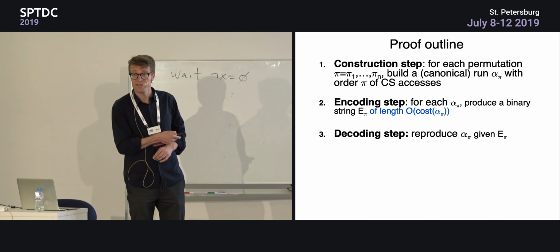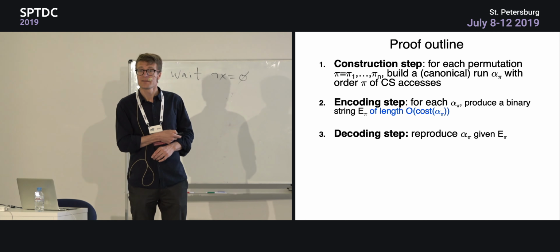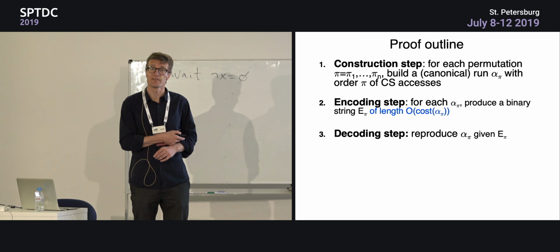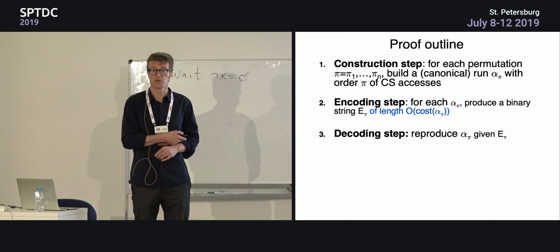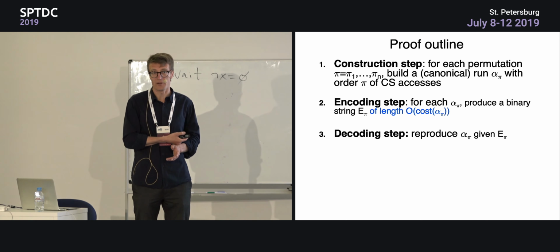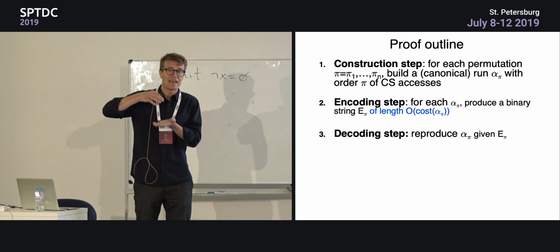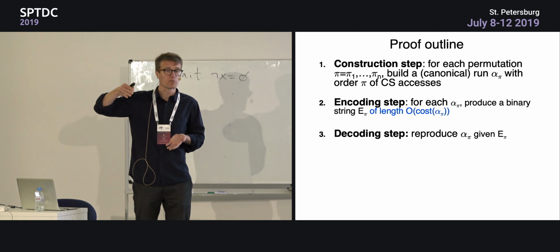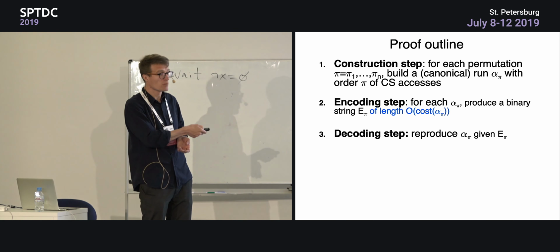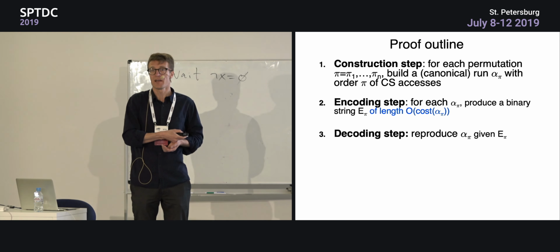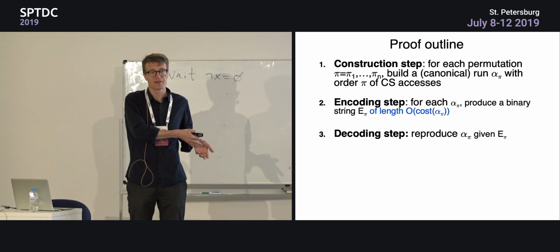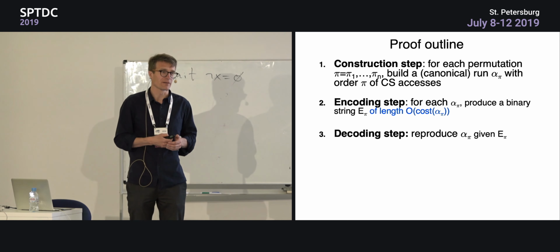And thanks to the encoding step, the cost of some execution in this set of classes of execution should be at least n log n. Because we know that the length of the string in the code book is bounded by the cost of the execution. So we take this string in the code book which has length n log n, and we know that the corresponding execution should have a cost of n log n.